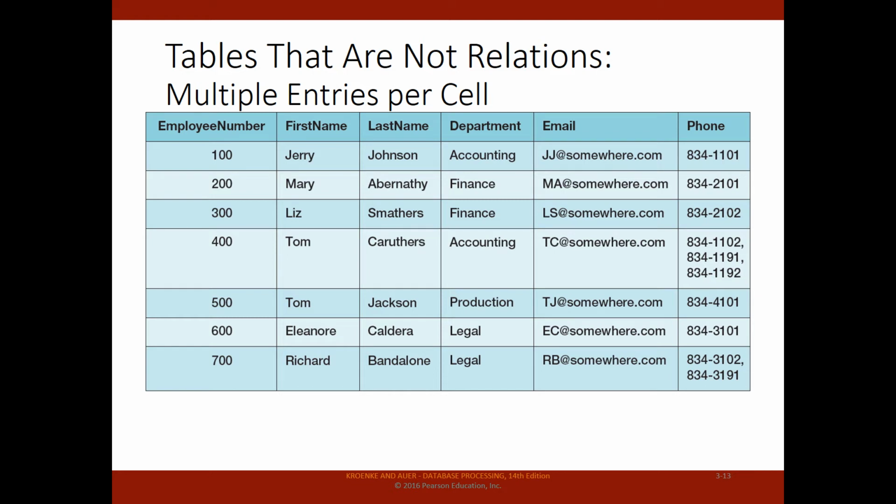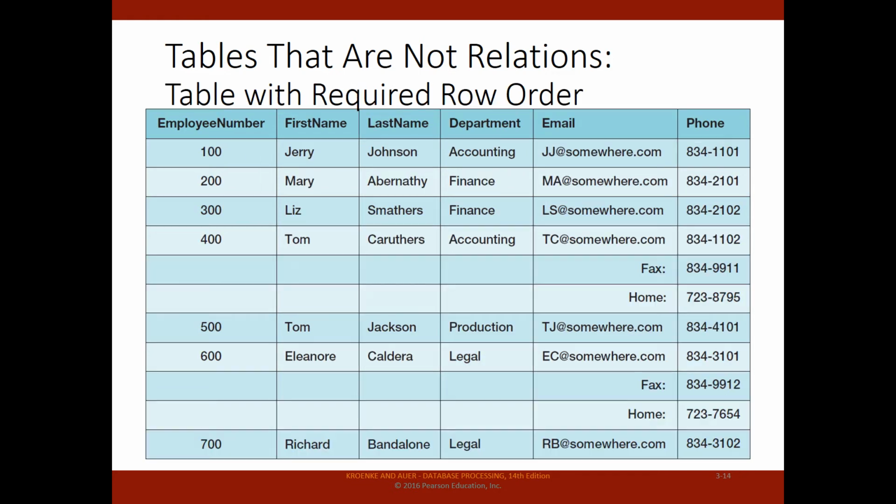This one is not meeting the relation criteria because if you look at the phone, we have multi-values. So we have multiple phones followed by a comma. So we said one of the criteria for the relation is that every cell has to have only one value. This one has multiple values. So that's why it violated the relation criteria.